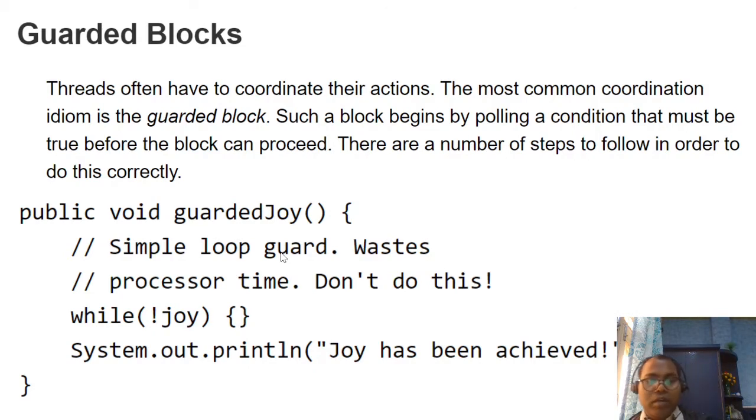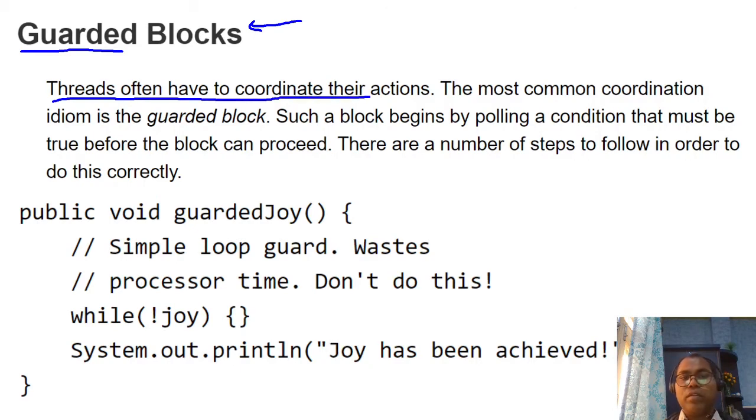Okay, next we are talking about guarded blocks. What is this? Threads often have to coordinate their actions. The most common coordination idiom is the guarded block. So, what is a guarded block?